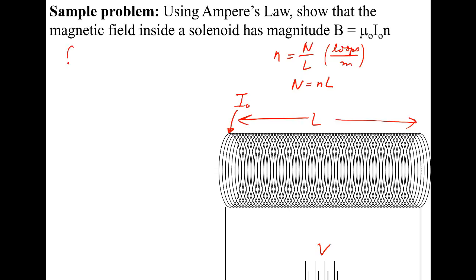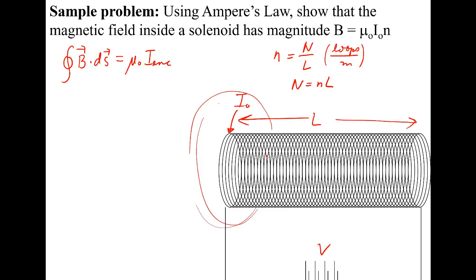So Ampere's law tells us that the integral of B dot ds along an Amperian loop is equal to mu naught times I enclosed. Now we have a couple things that we need to figure out. The first thing is, what is our Amperian loop going to look like? Well, we can't really go in a circle around it like we did before, because that's not what the magnetic field is going to be doing.